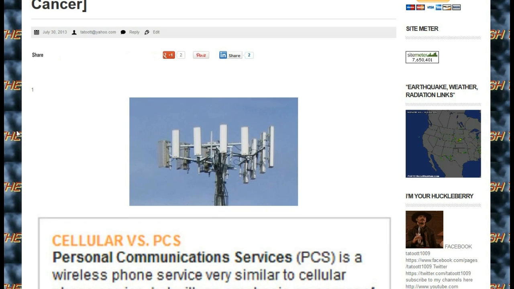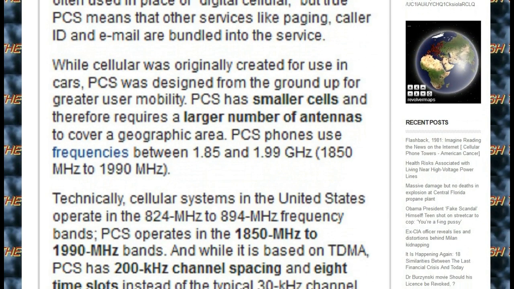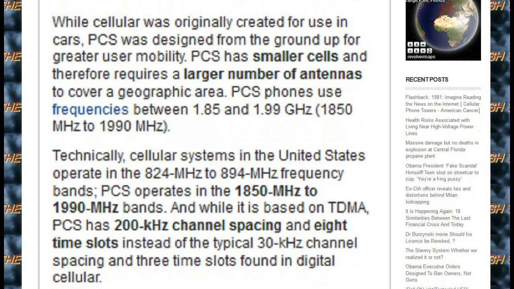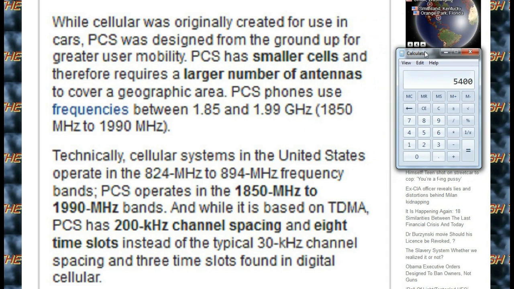Let's pull this down right here a minute. Now, put the calculator back up here. Now you see this where it says 1.85 and 1.99. That's reading gigahertz.